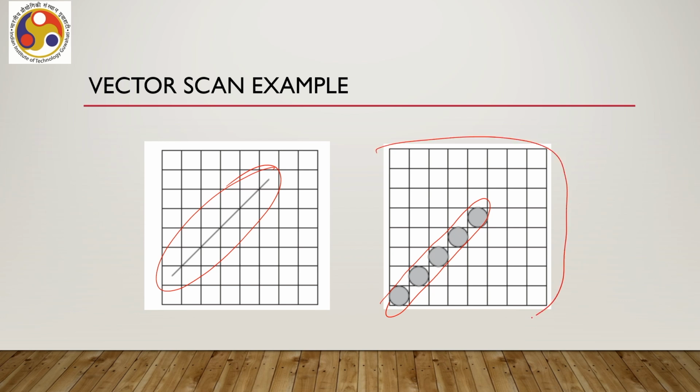Now, this line contains these pixels, but this is the whole pixel grid. So, each cell contains one pixel. However, to display or render this line, what a vector scan device would typically do is to excite only those pixels that define the line. Other pixels will not be excited or activated.